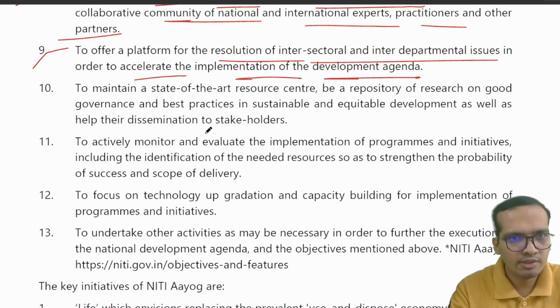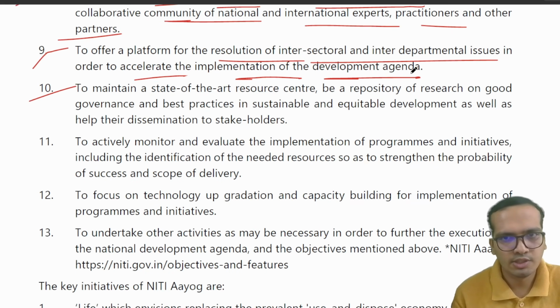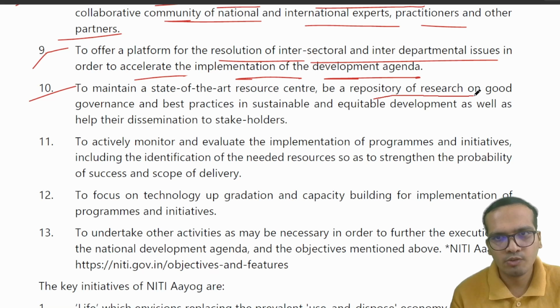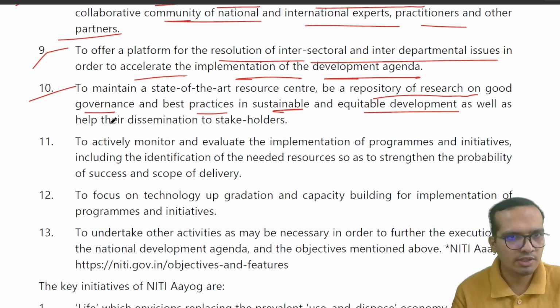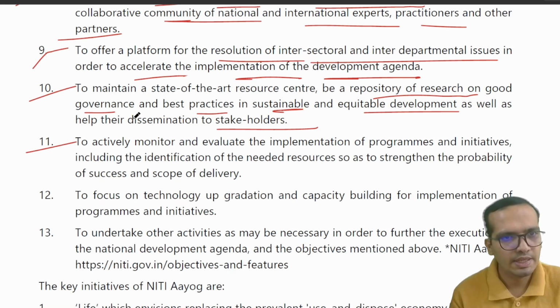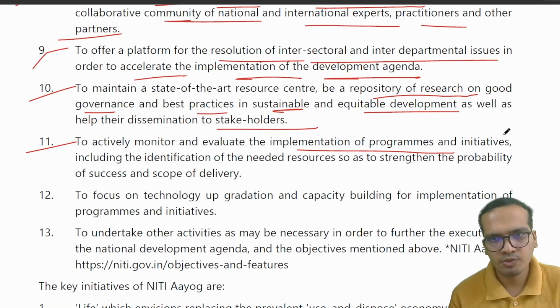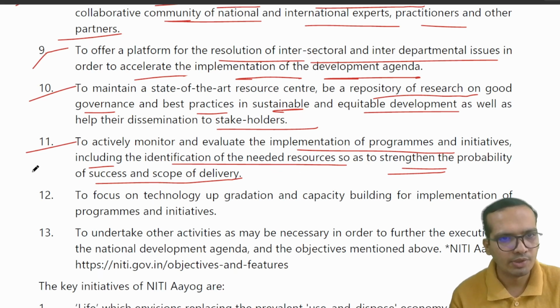Tenth, to maintain a state-of-the-art resource center, be a repository of research on good governance and best practices in sustainable and equitable development, as well as help their dissemination to stakeholders. Eleventh, to actively monitor and evaluate the implementation of programs and initiatives, including the identification of the needed resources, so as to strengthen the probability of success and scope of delivery.